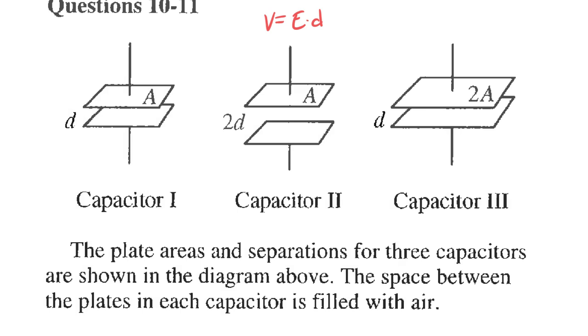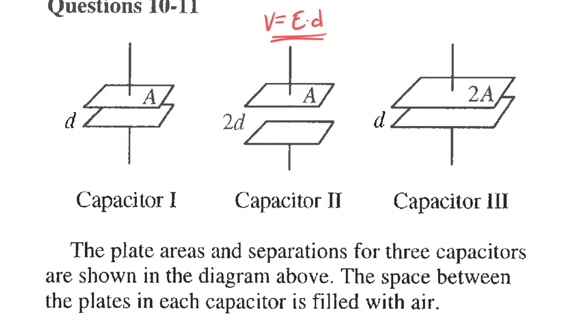So its value for sigma is different than capacitor 1. Does that make sense? So its electric field is going to be determined by its value for sigma, but it's also got a bigger area. But still, this has to be true between those plates because it's a uniform electric field. And we're raising them all to the same potential.